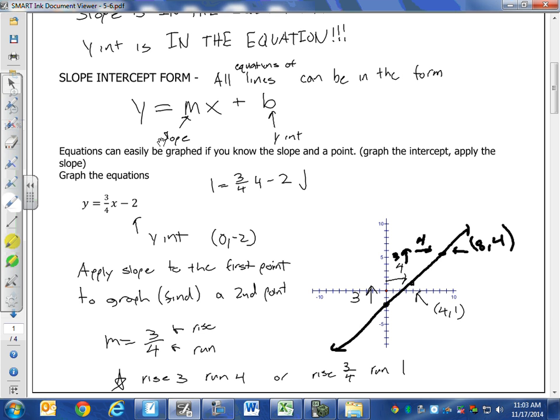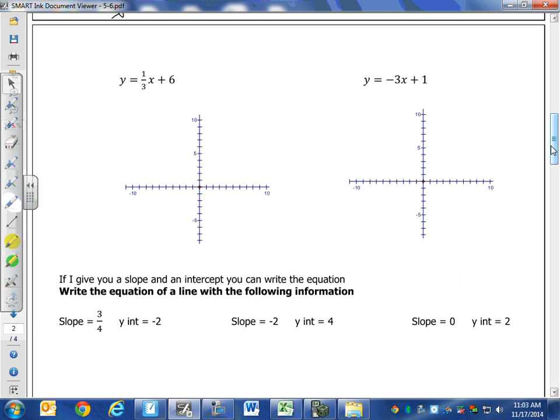So now we have an easy way to graph equations if they are in this form, y equals mx plus b. So let's practice that. Here are 2 equations. I want you to graph these equations quickly by finding the y-intercept, graphing it, and then applying the slope.